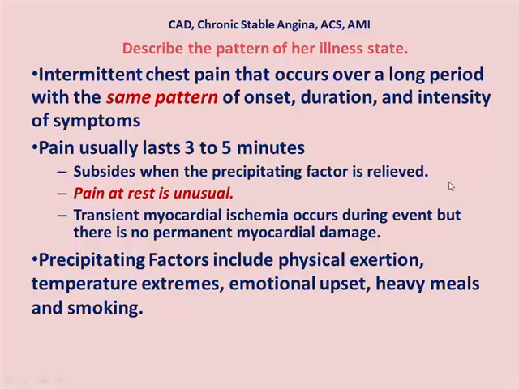Subsides when the activity that brings on the pain is relieved. Pain at rest is unusual. In other words, chronic stable angina is not usually defined with pain at rest. It is usually pain on activity because, again, we've identified that stable angina is a supply and demand issue. It's only going to be when you demand more, when those myocytes demand more oxygen delivery and that narrowed artery can't supply it.